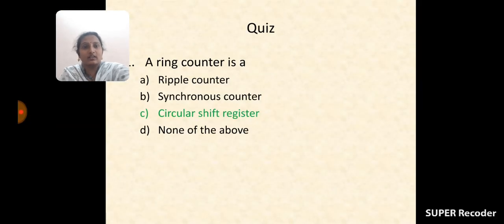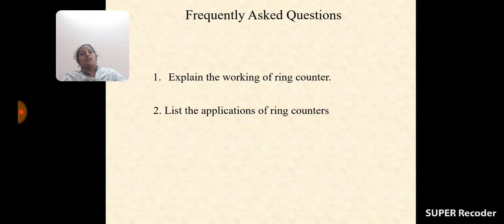Is it clear? Okay. And while coming to the important questions or previous question paper questions, our question papers have 1 mark, 3 marks, and 5 marks questions. In the 1 mark question, an important one is: define ring counter. So how can we define it?